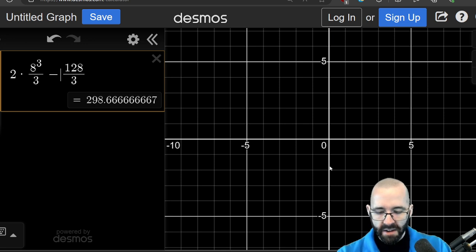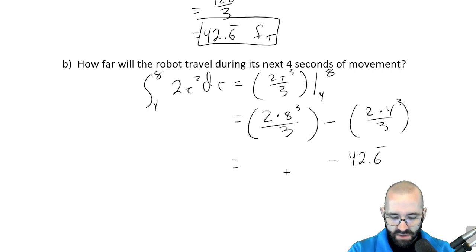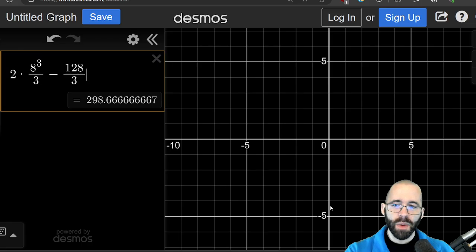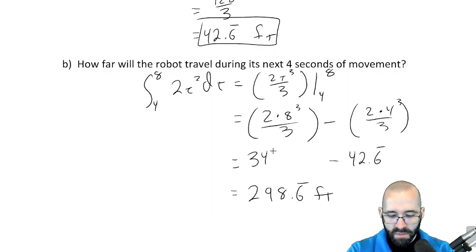And then we're subtracting that first one. We're going to get the total displacement is 298.6 feet. I guess I did leave a space for that. We should fill that in. 341.3.